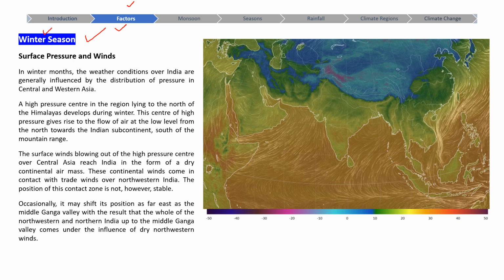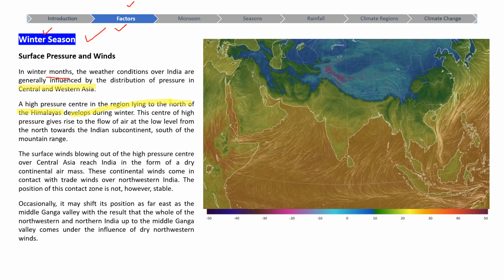So surface winds during winter months. There are two places: one is Central and Western Asia, and the second is north of the Himalayas, the Tibet area.